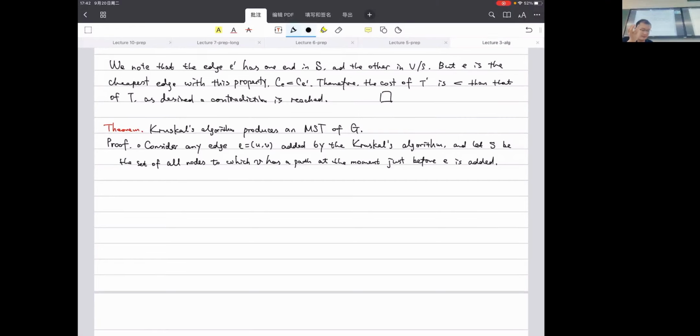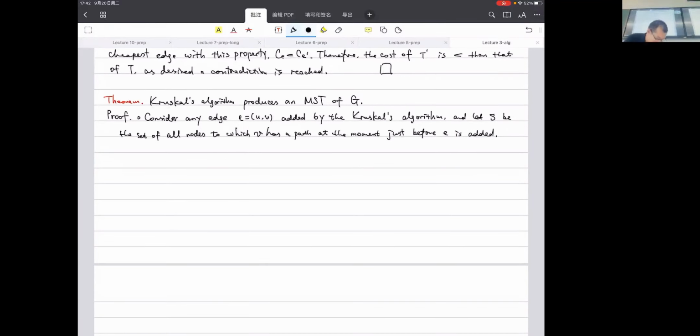We want to find a connected component. As defined here, we consider the set of all nodes to which we have a path at the moment. This is going to be the S that we apply.